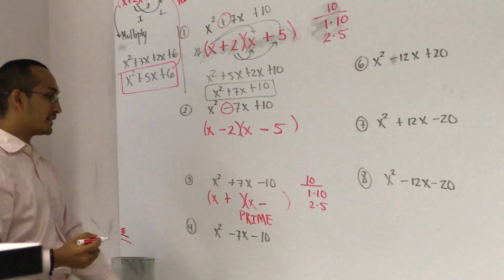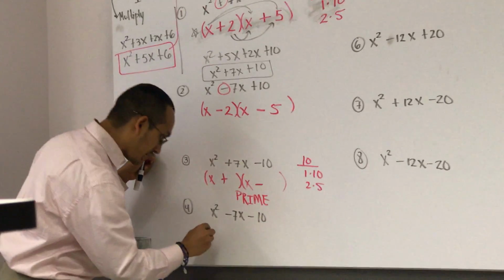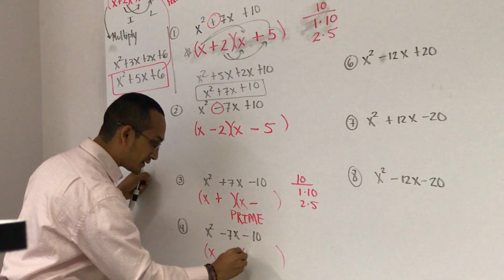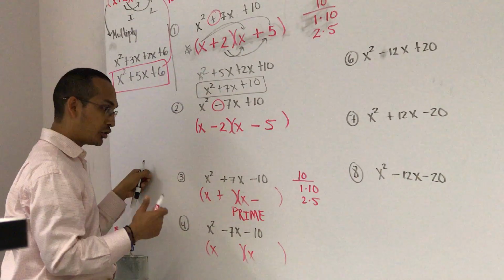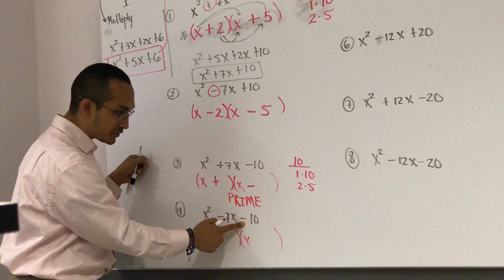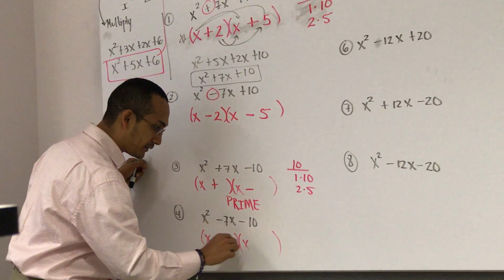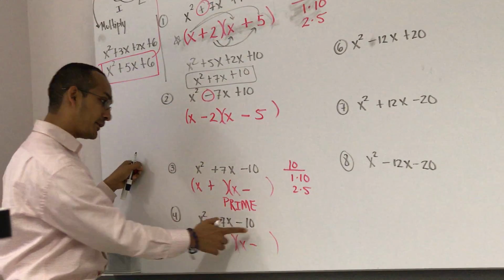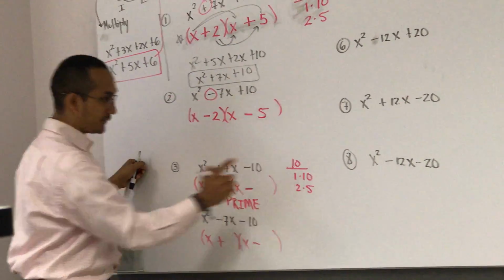Let's look at another example here. Step 1, x and x. Step 2, you look at the signs. This sign is negative. So that tells me that one is positive and one is negative automatically. Now, let's look at the factors of 10. 1 and 10, 2 and 5.